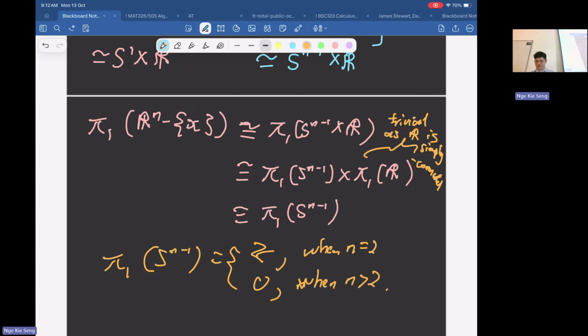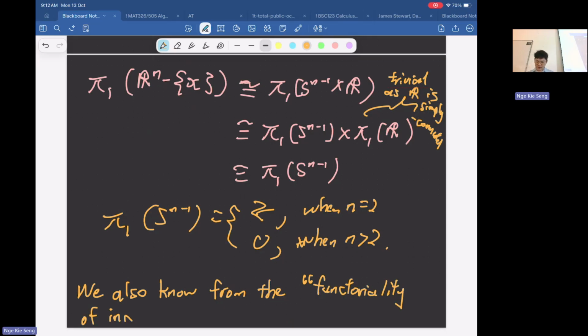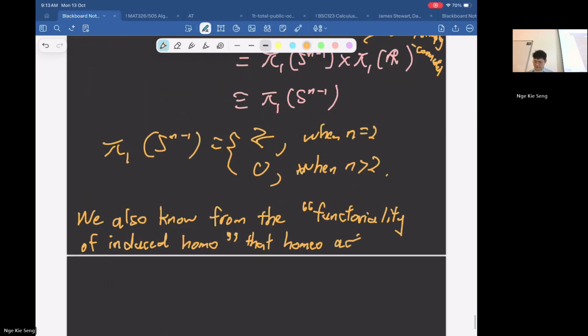Okay, but we also know, from the functoriality of induced homomorphism, that a homeomorphism actually induces an isomorphism on pi one.